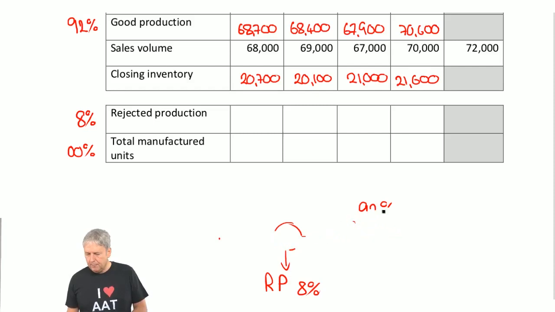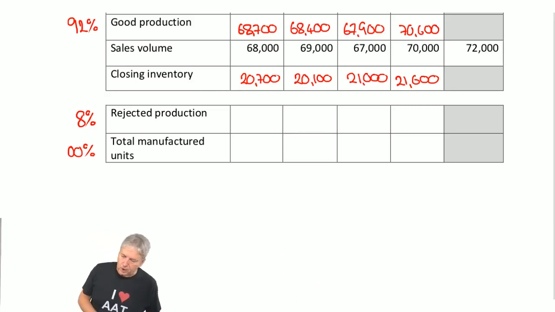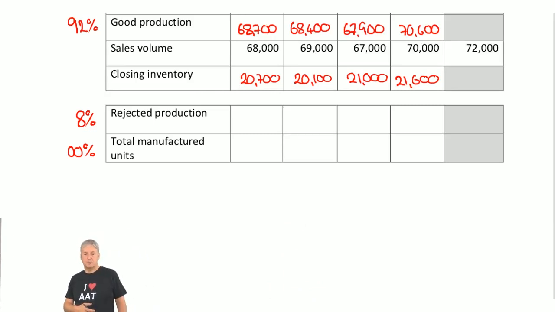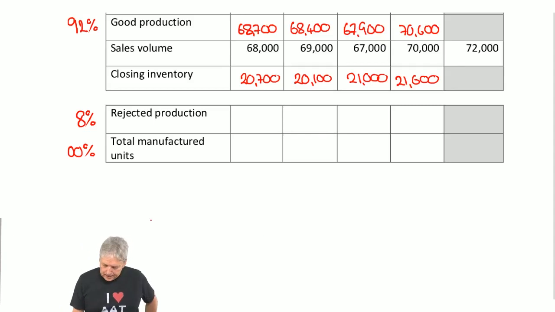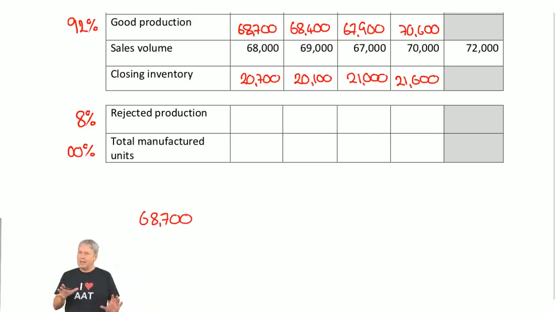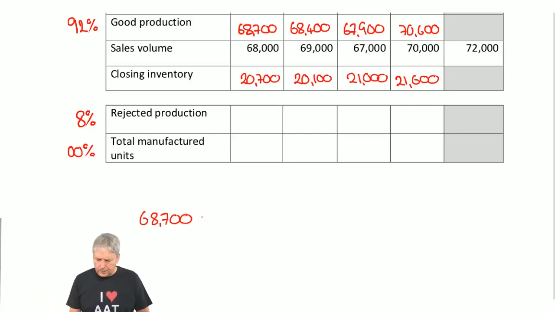So, what does that mean in the context of this question? Well, what it means is that we've got to churn out some numbers. We see that the good production is 68,700, yeah? But of course that relates to 92% and we want the 100%, yeah? So couldn't we do something like this?